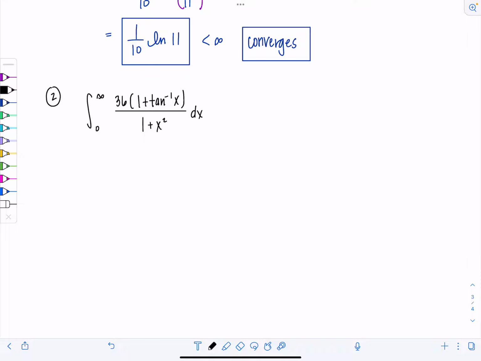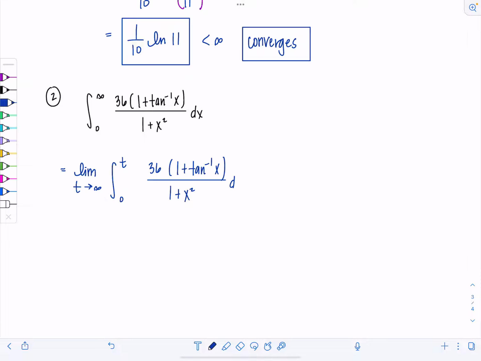Okay, so first things first, before you even think about integrating, you're going to rewrite using a limit. So we have the limit as t approaches infinity of the integral from 0 to t of 36 times 1 plus tan inverse of x over 1 plus x squared dx.